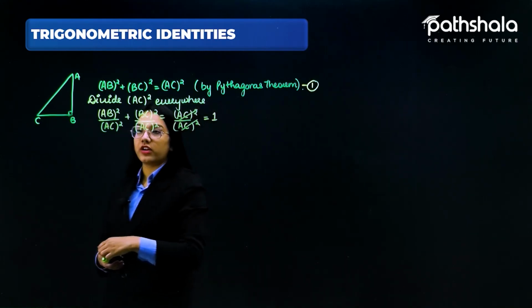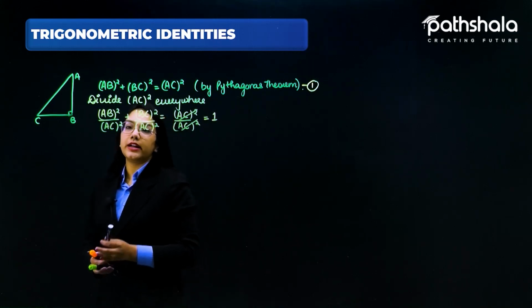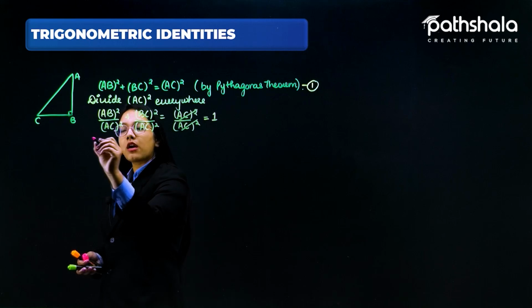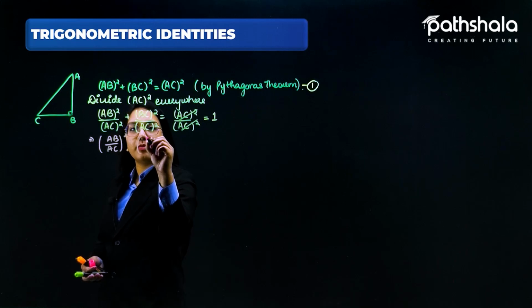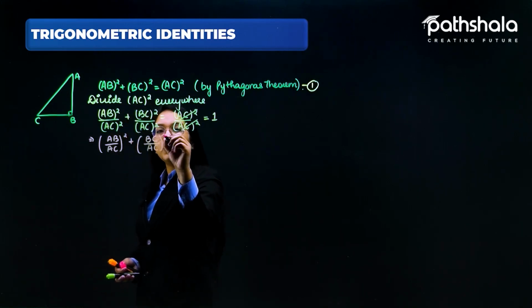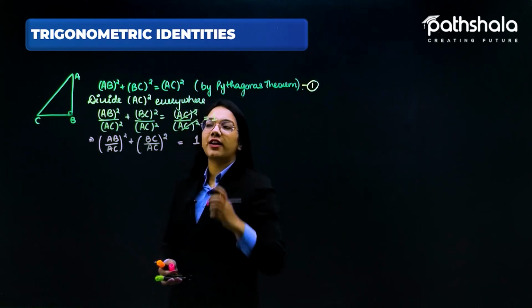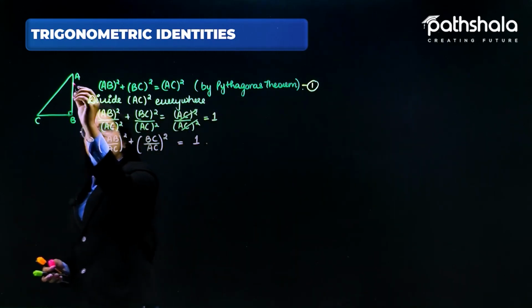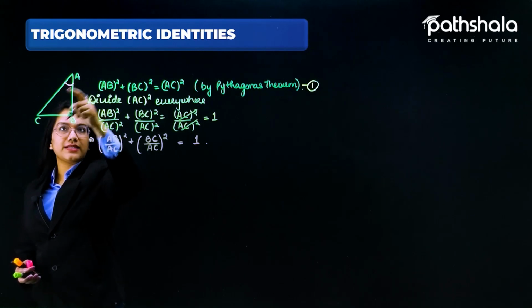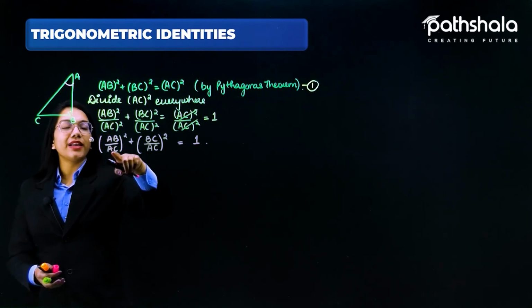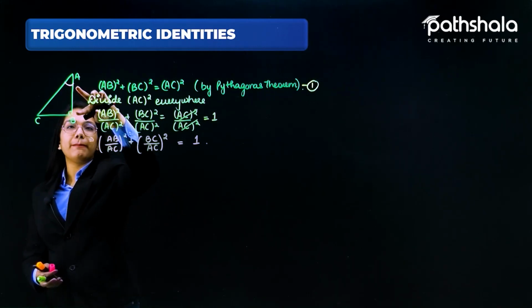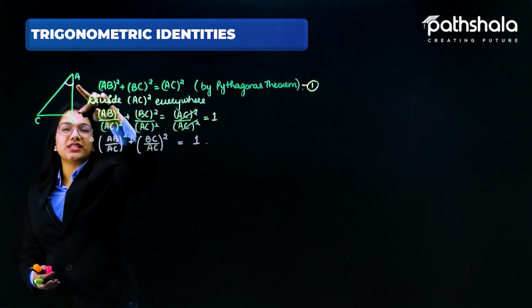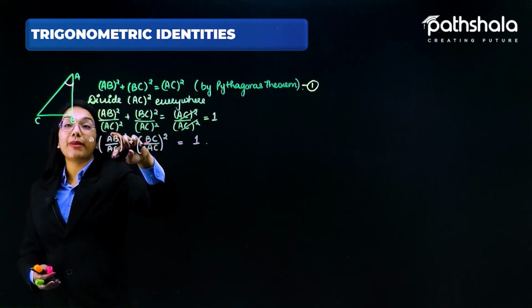So we have AB by AC, and taking the whole square common, AB by AC whole square plus BC by AC whole square is equal to 1. Considering this angle A, AB is the base, the side adjacent to angle A, and AC is the hypotenuse.